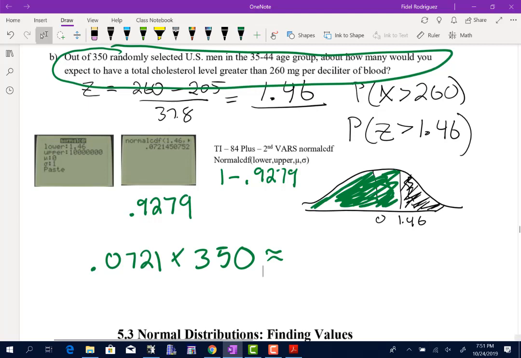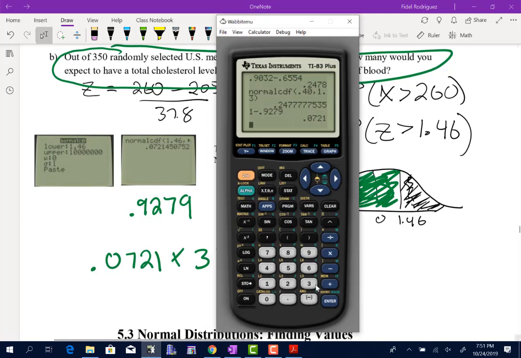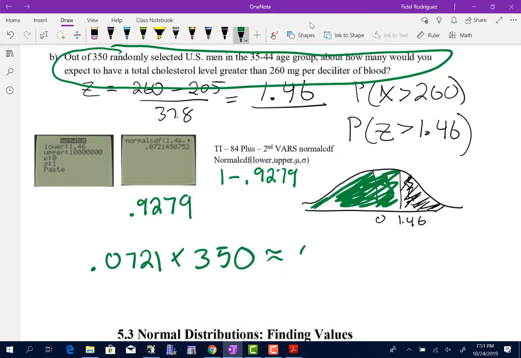Okay, so if I take that number times 350, now guys, remember what we're looking at here. This is the number of people. So the first thing I would write down is that's 25.235, right?